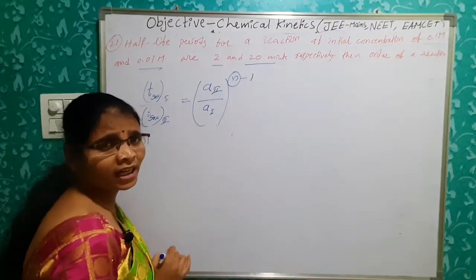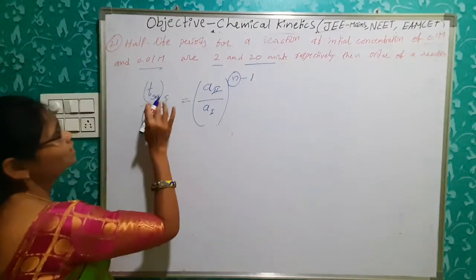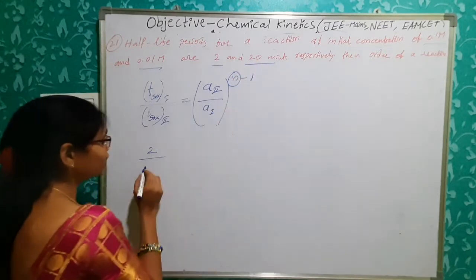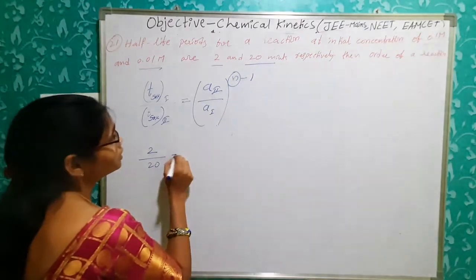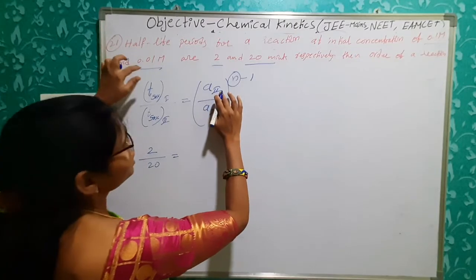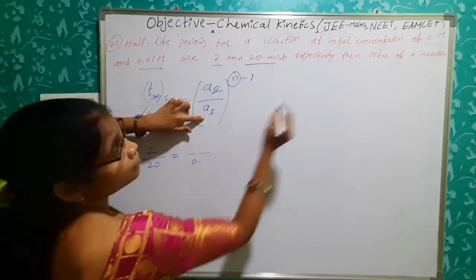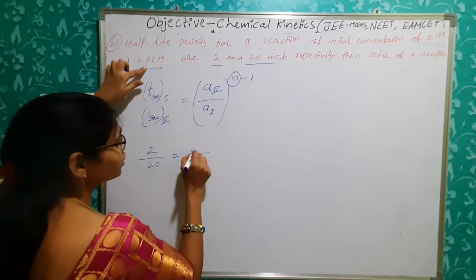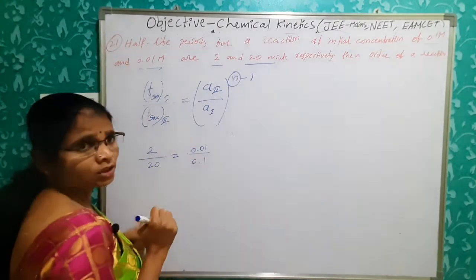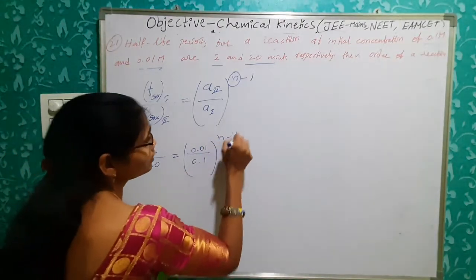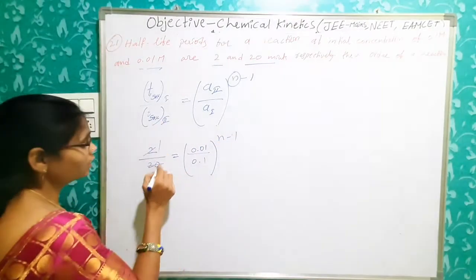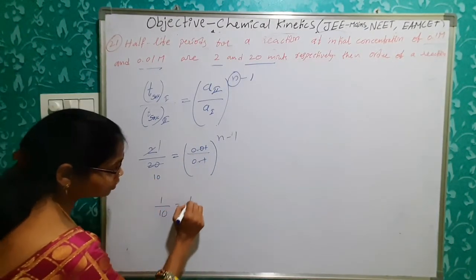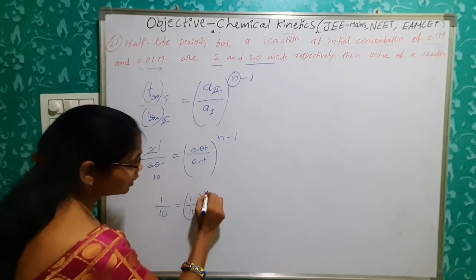Here we have to calculate the order of the reaction. T half initial time 2 minutes and T half 20 minutes is equals to initial concentration 0.1 and second initial concentration 0.01, whole power n minus 1. So 1 is to 10, and this is also 1 is to 10. 1 by 10 is equals to 1 by 10 whole power n minus 1.